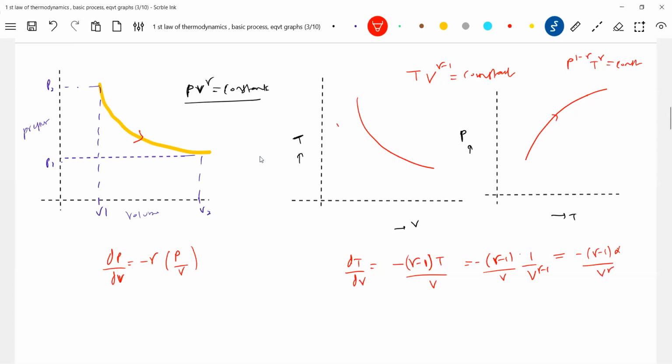I'll introduce alpha, where alpha is a constant. Similarly, you can write one equation for dP by dT also. Like this, the slopes will help us to plot the graph.